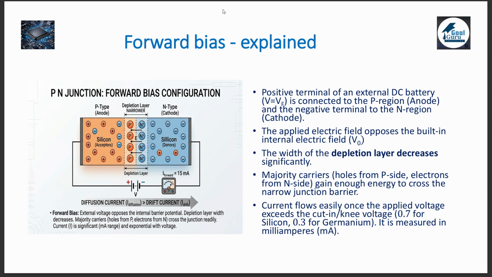The result is that the width of the depletion layer decreases. Therefore, the majority carriers gain enough energy to cross the narrow junction barrier, and hence the current flows easily once the applied voltage exceeds the cut-in voltage, which is 0.7 for silicon and 0.3 for germanium.